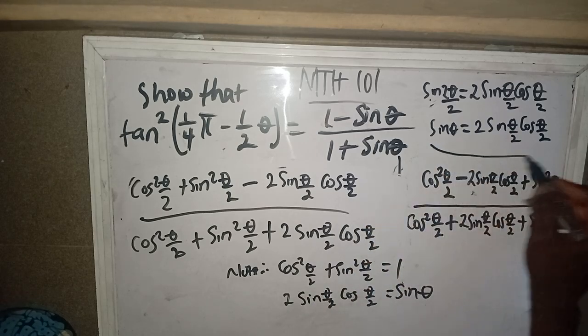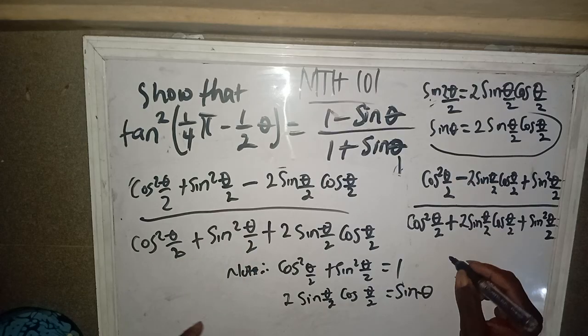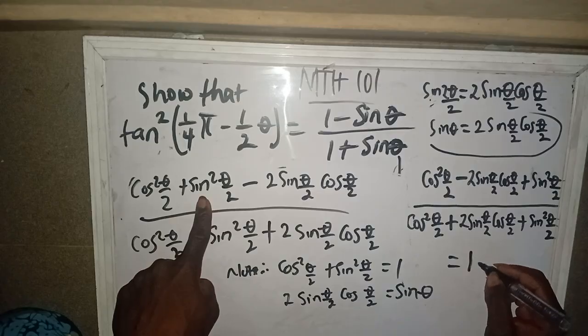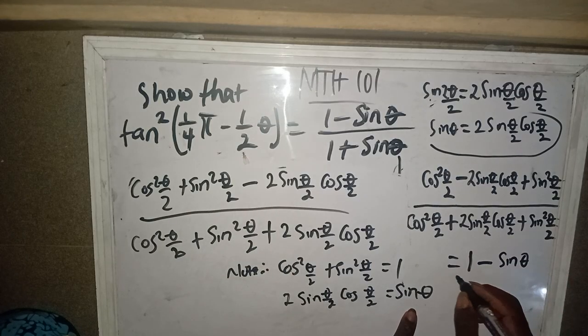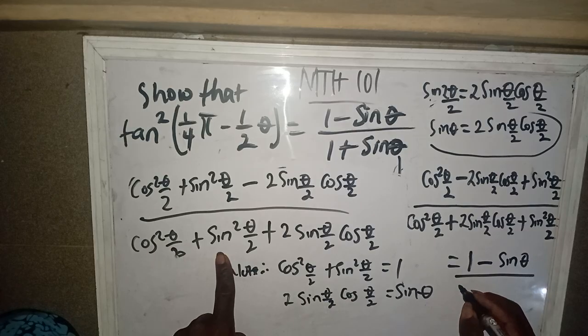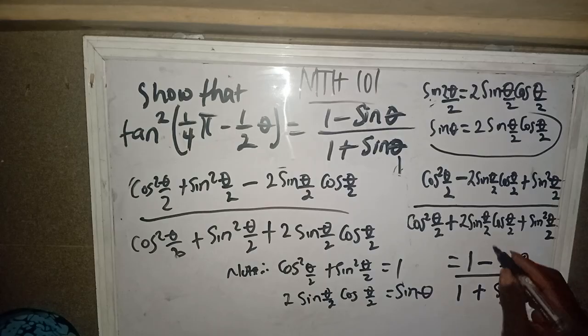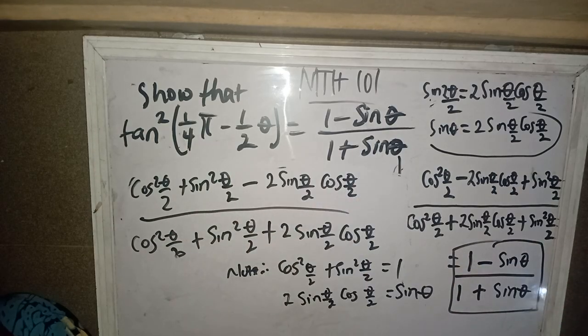So this is where this is coming from. So I can now replace this with cos square theta over 2 plus sine square theta over 2, that's 1, minus sine theta, divided by this, and this is 1 plus sine theta. We've proved that this equals 1 minus sine theta over 1 plus sine theta. So that's that for that.